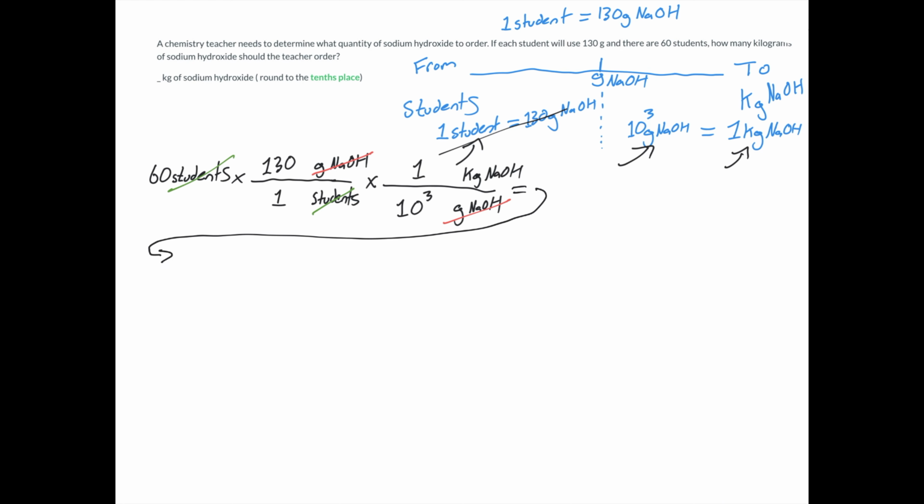So we'll have 60 times 130 kilograms of NaOH, and that will all be divided by 10 to the 3.